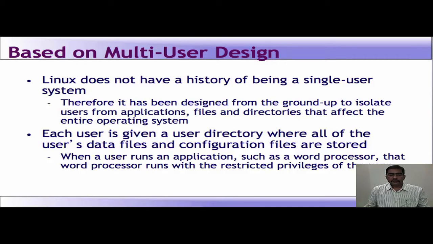When a user runs an application, such as a word processor, the word processor runs with the restricted privileges of the user. Now, what is important here is that Linux provides almost all capabilities, such as rendering of JPEG images, as modular libraries. As a result, when a word processor renders a JPEG image, the JPEG rendering function will run with the same restricted privileges as the word processor itself.